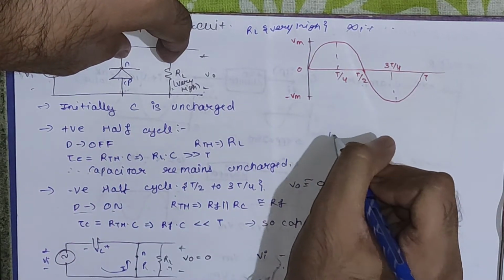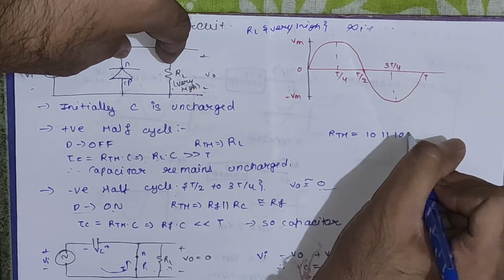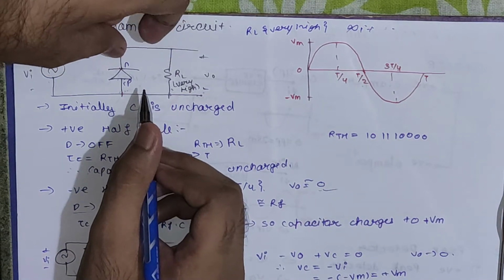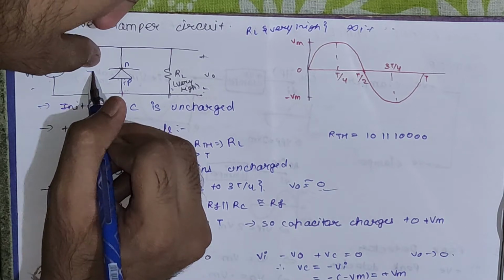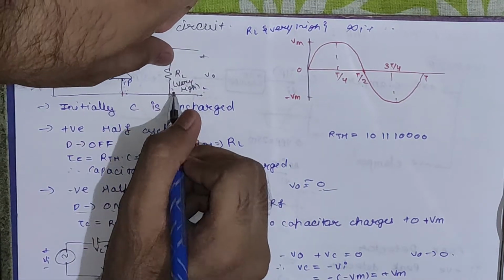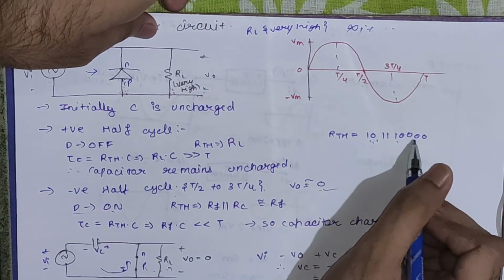So we have RTH right now as 10 parallel with 10,000. To calculate the RTH, you have to see by opening your capacitor. If you see from your capacitor side, you will find that this diode resistance and this RL are in parallel.